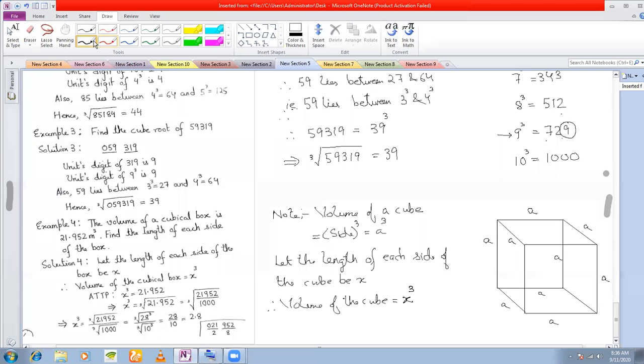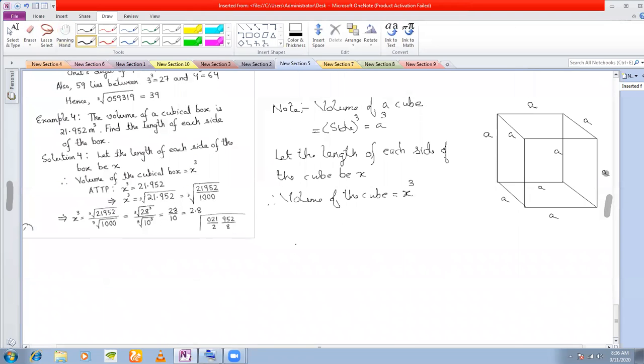Okay. Therefore, what is the volume given according to this problem? Volume is given to be 21.952. So therefore, what is x here? If x cube is equal to 21.952, then x must be equal to cube root of 21.952.